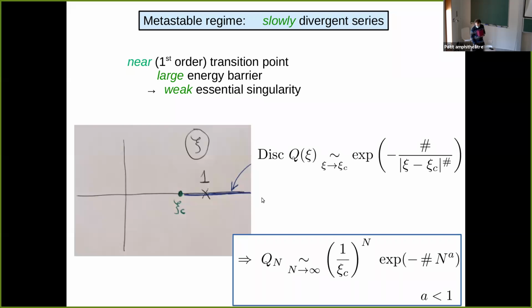And from this, we expect that the large order behavior will look like this. So yes, it will diverge. But if psi c is close to 1, if we are only weakly metastable, then this will diverge slowly, whereas this thing will quickly go to 0. So therefore, in practice, it behaves like a convergent series. And this is what we observe.